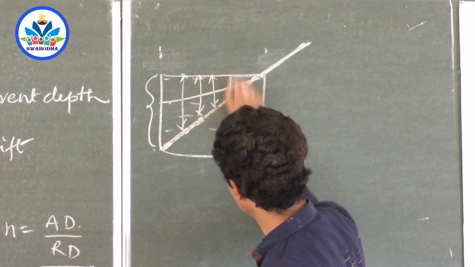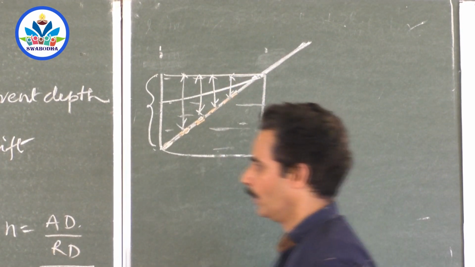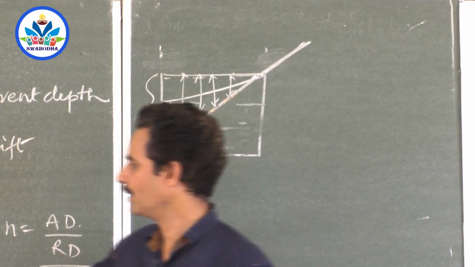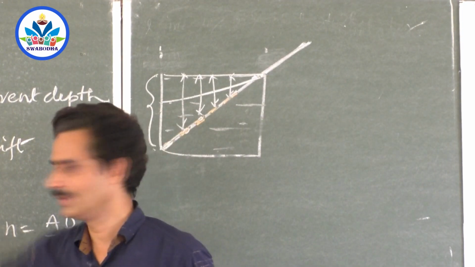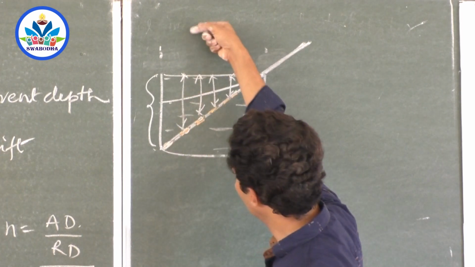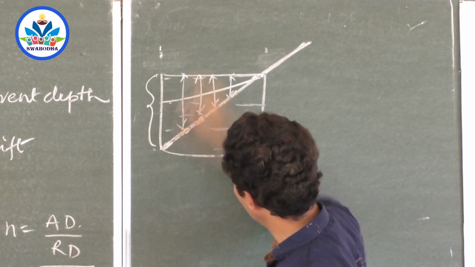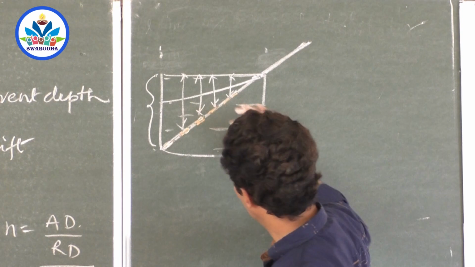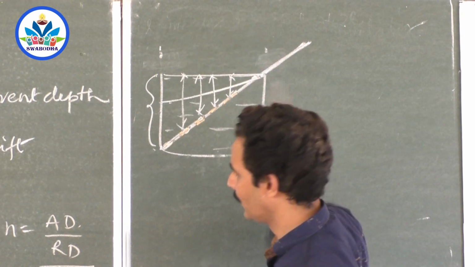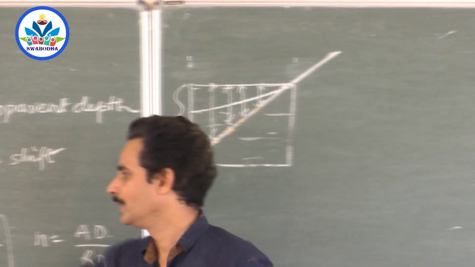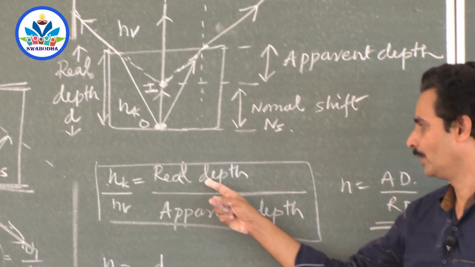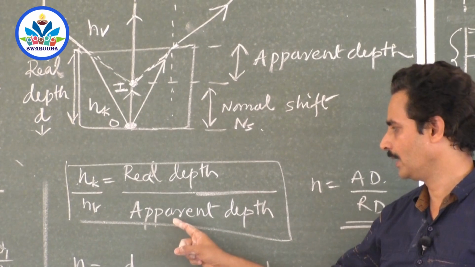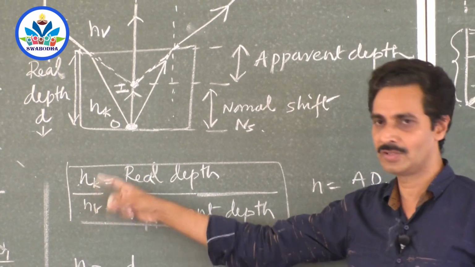So different pieces will have different real depths, but the same refractive indices. Even if you view the pencil from here to this point, refractive index of this medium and this medium remain the same. So these two will not change, and real depth keeps on changing. So when real depth keeps on changing, apparent depth should change, so that you keep this ratio the same.